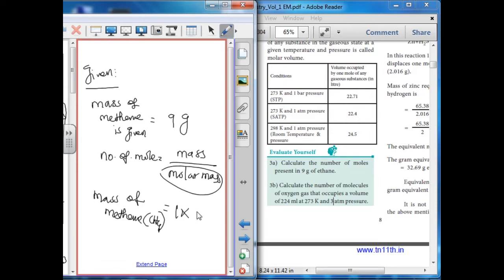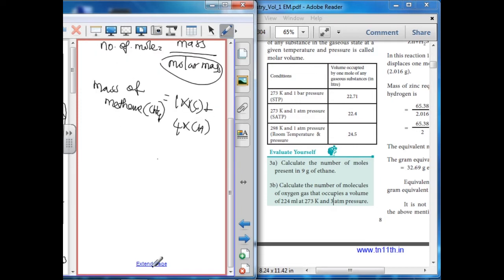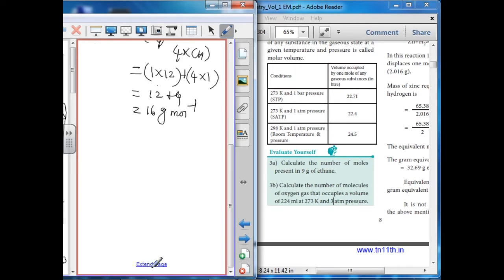Methane contains one carbon atom and 4 hydrogen atoms. 1 into 12 plus 4 into 1. So 12 plus 4 equals 16 gram mole inverse. This is the molar mass of methane.